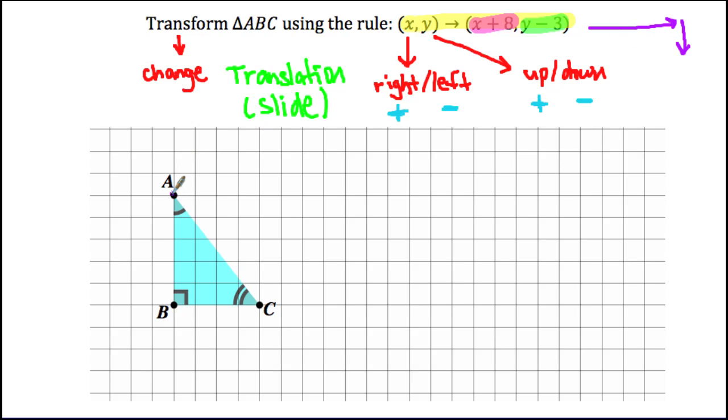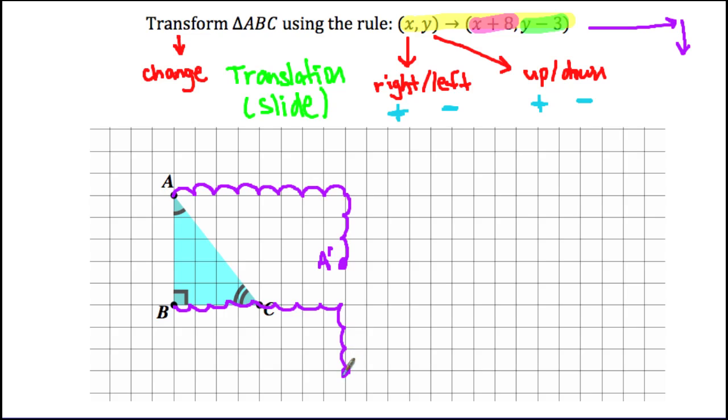I'm going to move 1, 2, 3, 4, 5, 6, 7, 8 units to the right, and then down 1, 2, 3 units. This point represents the new position of A, and we're going to call that A prime, A with a little tick mark. That tells us it's the new A. Then we do the same thing with B: 1, 2, 3, 4, 5, 6, 7, 8, then 1, 2, 3.